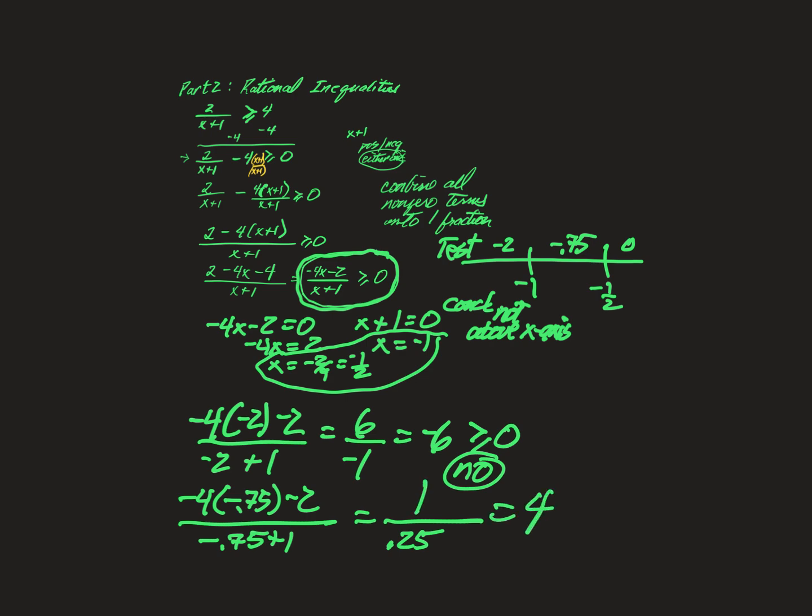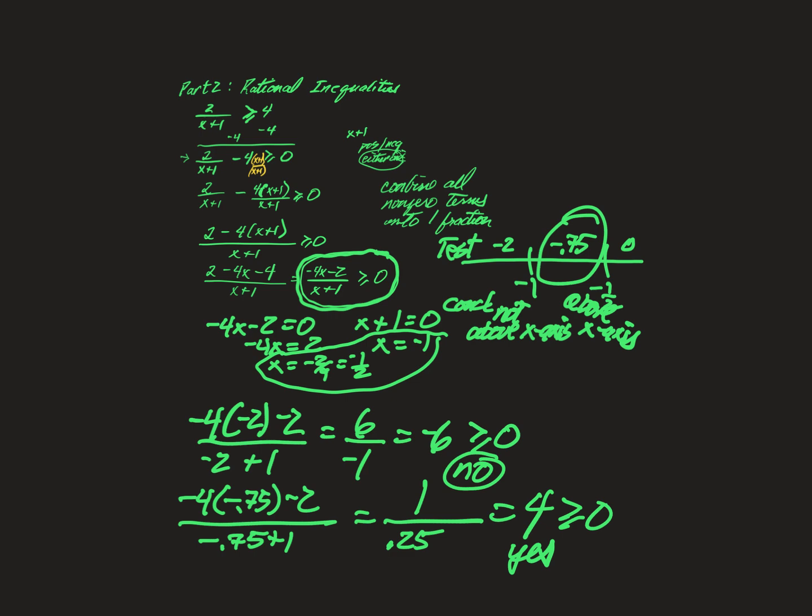So that's equal to 4, which is greater than or equal to 0. Okay, so our conclusion here is it is above the x-axis. So this is an answer. That region on the number line, not the 0.75 itself.